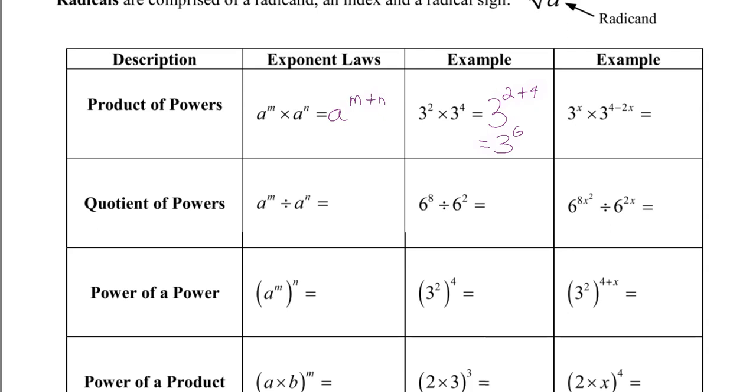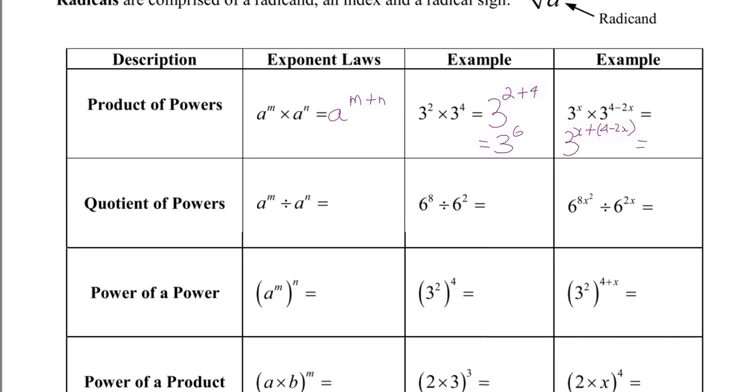It's 729. And in this one, we have an expression, 3 to the x times 3 to the 4 minus 2x. So that will become 3 to the x plus 4 minus 2x. Actually, when there's binomials, I like to put stuff in brackets, just to separate it out. It's not going to matter here because it's a plus.